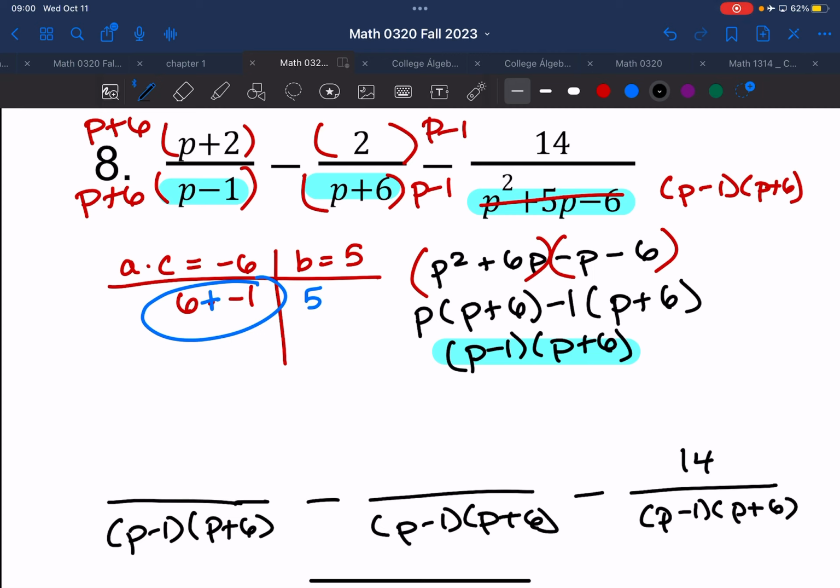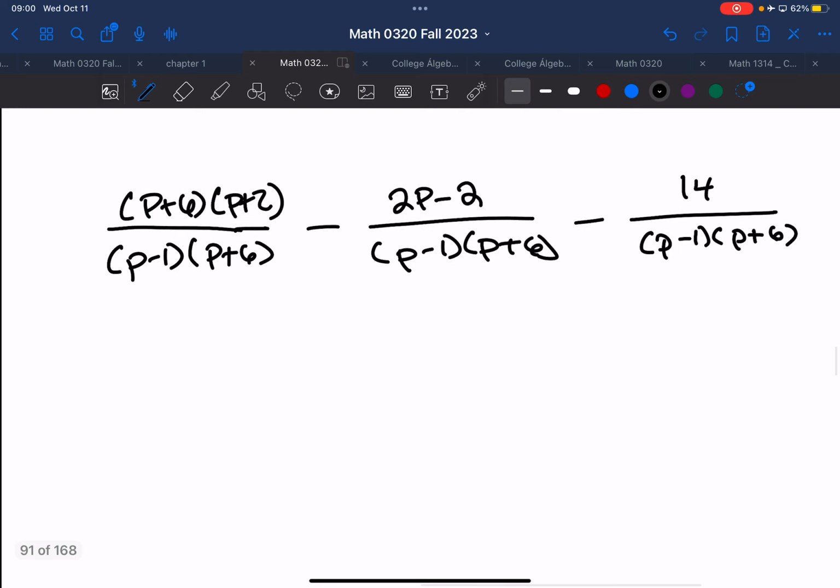So I'm just going to write p plus 6 times p plus 2. I don't need to FOIL that back out. What am I going to have on that second fraction? 2p minus 2. Correct. 2p minus 2. Because that 2 is being distributed into that p minus 1. Okay.